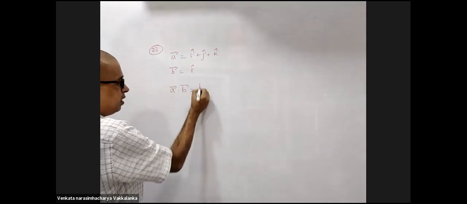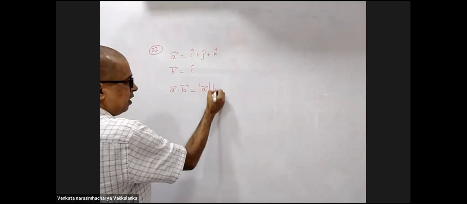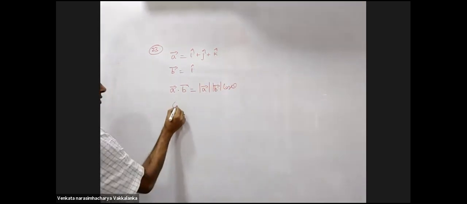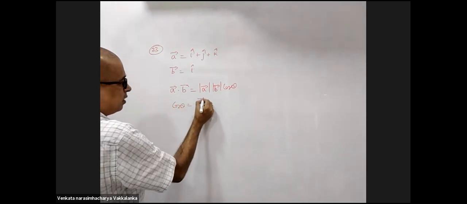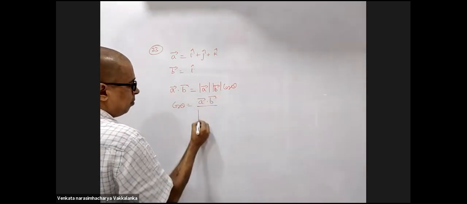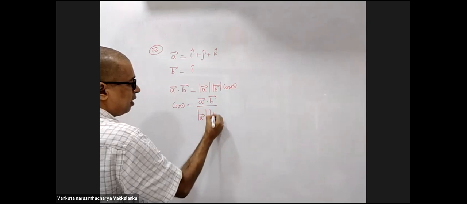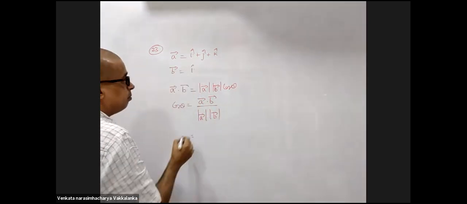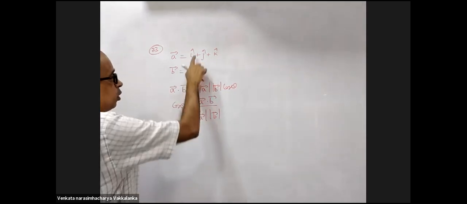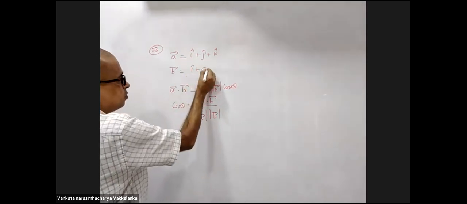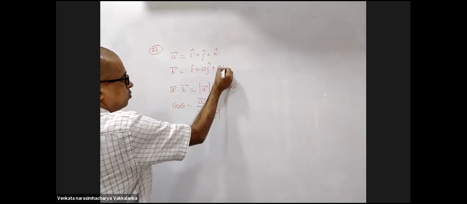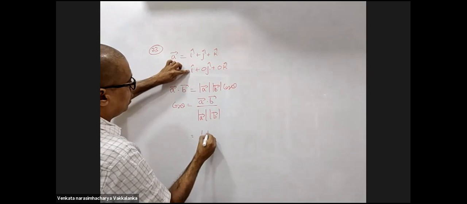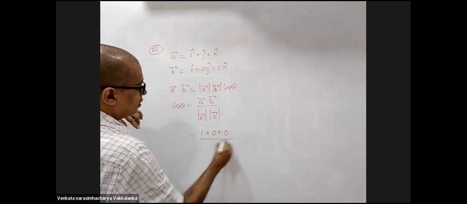A dot B is magnitude of A into magnitude of B into cosine of the angle between them. Cos theta is A dot B by the magnitude of A into magnitude of B. A dot B will be 1 plus 0 plus 0.